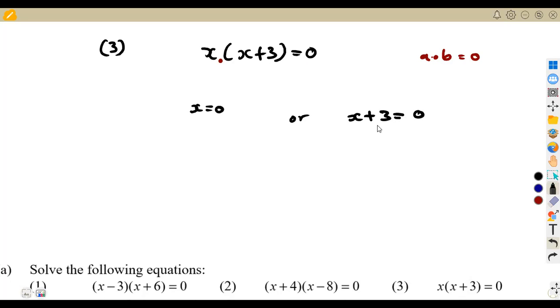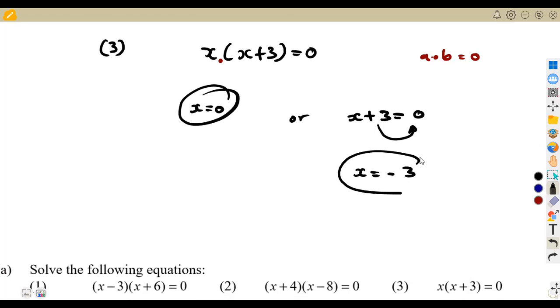From this side, we transpose 3 to that side and it becomes a negative. Therefore, x can be equal to 0 or x can be equal to negative 3. These are the values of x which satisfy this equation.